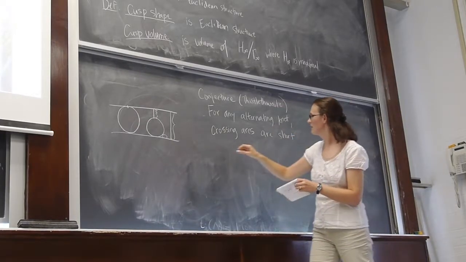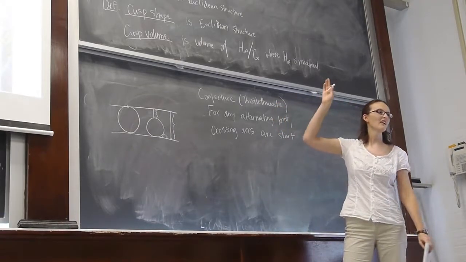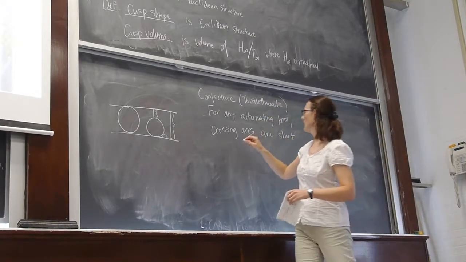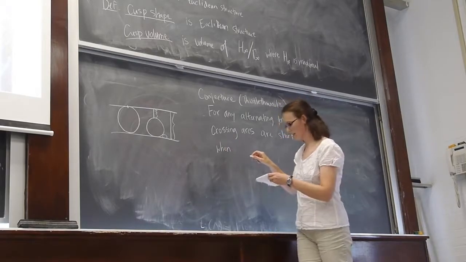So what does that mean? These are infinite arcs, right? They run from infinity to infinity when measured outside the maximal cusp.